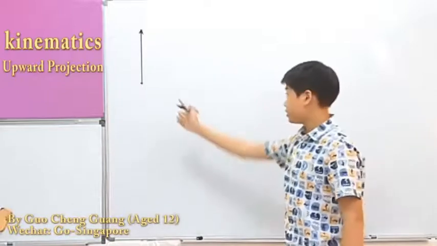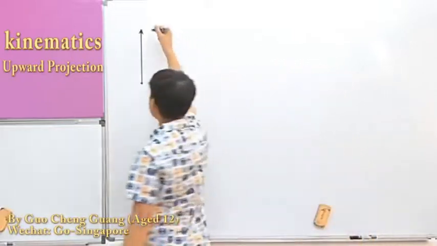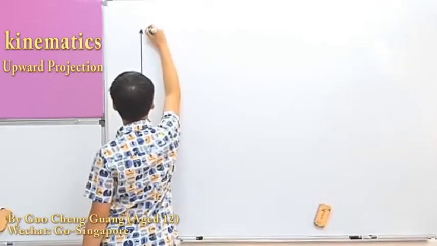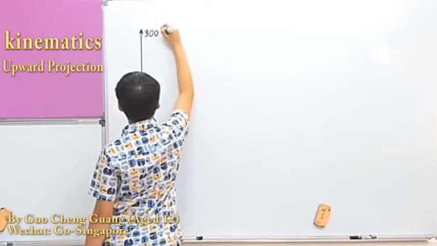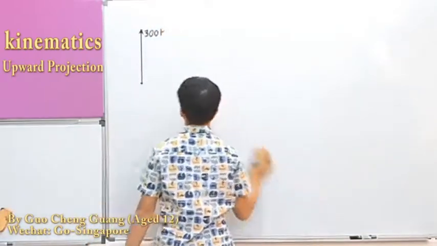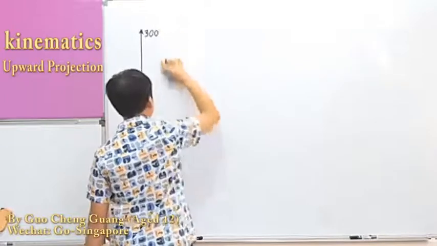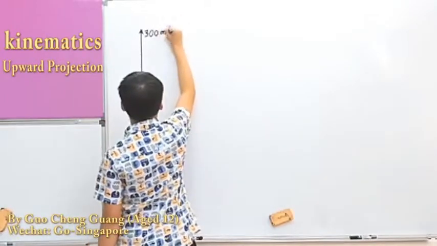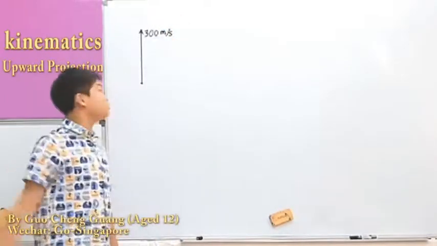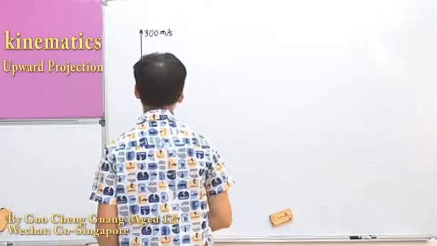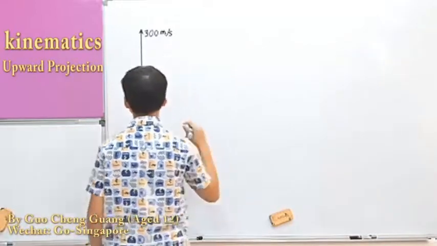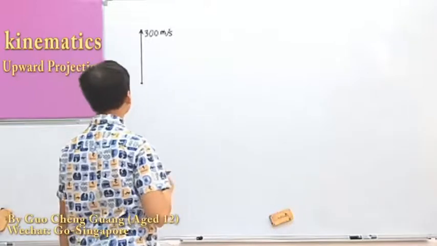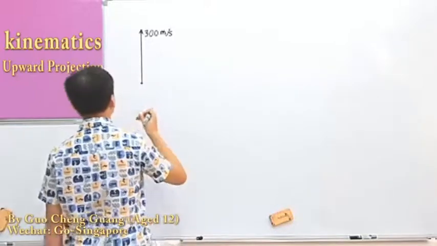This first bullet goes up at a speed of 300. I'm just going to use meters per second, so 300 meters per second. That's for the first bullet.